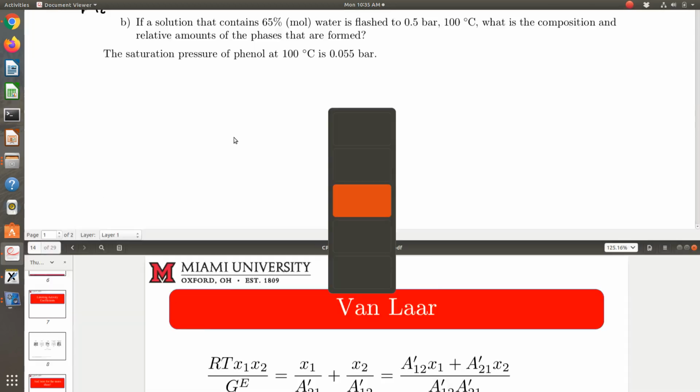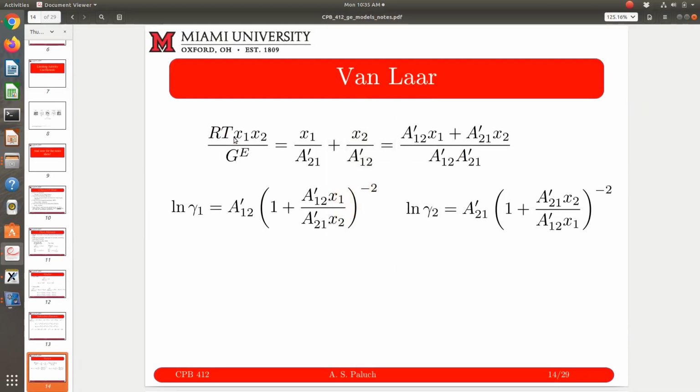If I flip over to our notes, here's our Van Laar equation expressions. The big thing to know is that if I have A12 and A21, or B12 and B21, then I have parameterized expressions for log gamma 1 and log gamma 2 as a function of composition. Those are the parameters for this model.